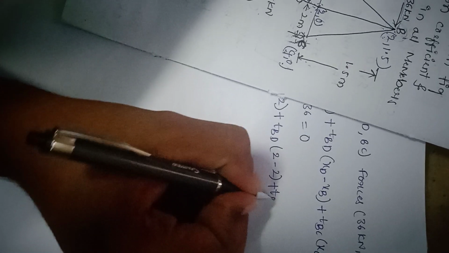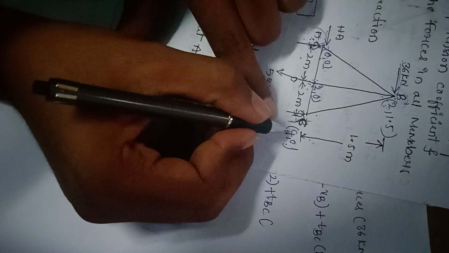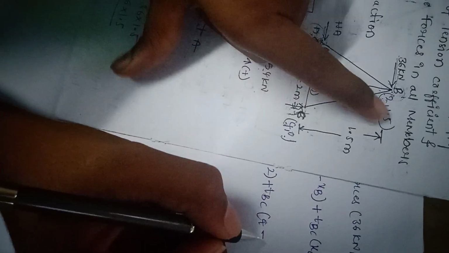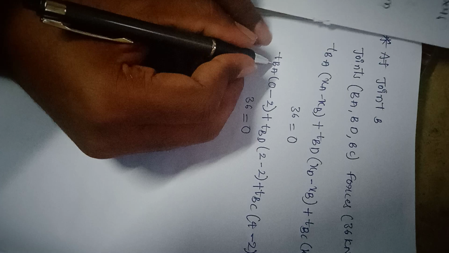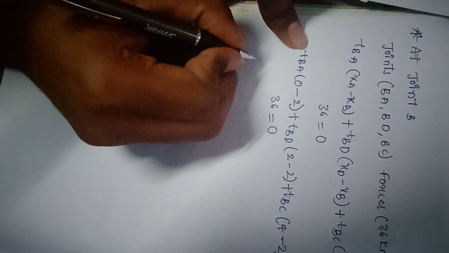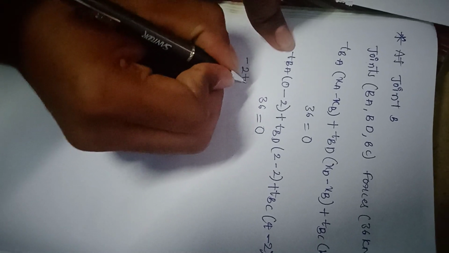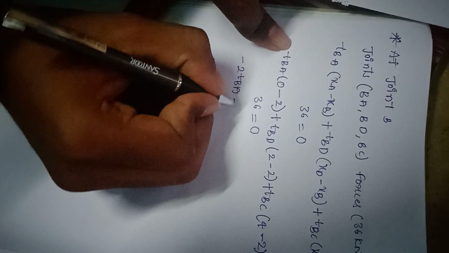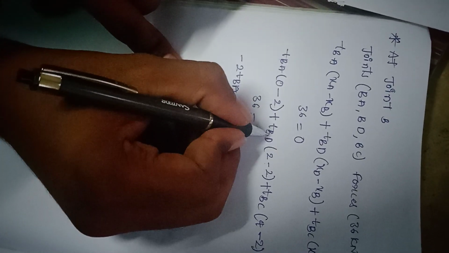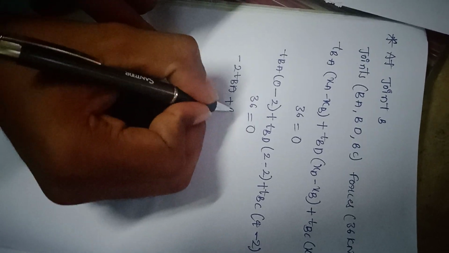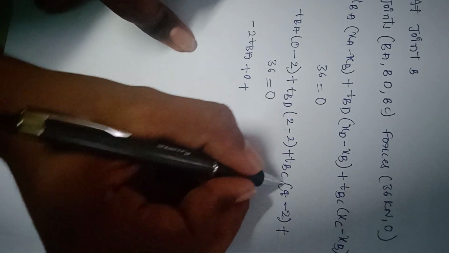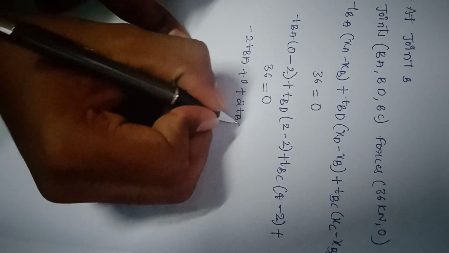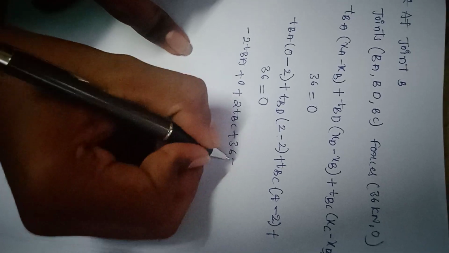Plus tension in BC, XC is 4 minus XB 2, plus the force acting, 36, equals 0. Therefore minus 2 TBA plus 0 into TBD, plus 2 TBC plus 36 equals 0.